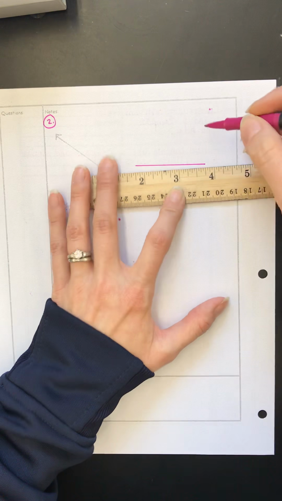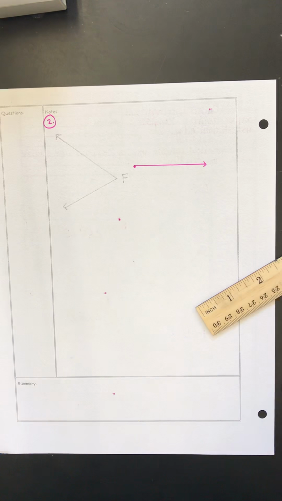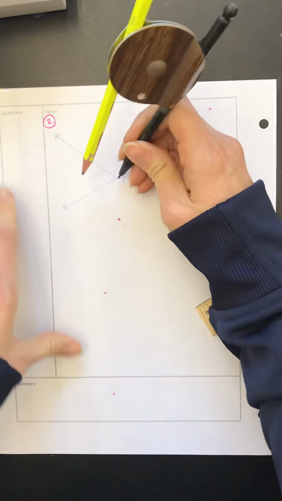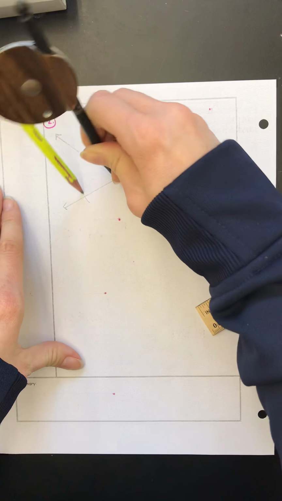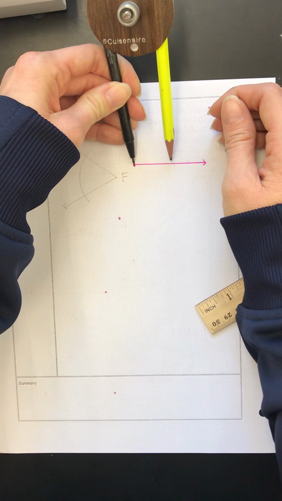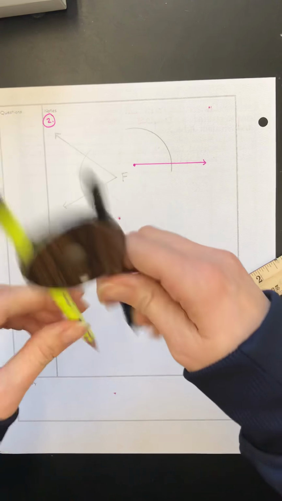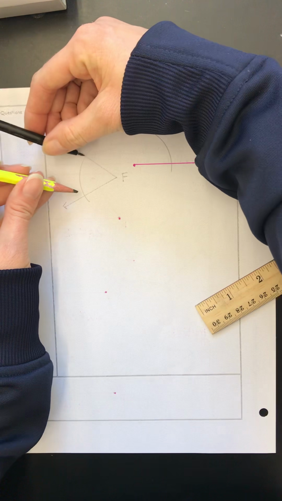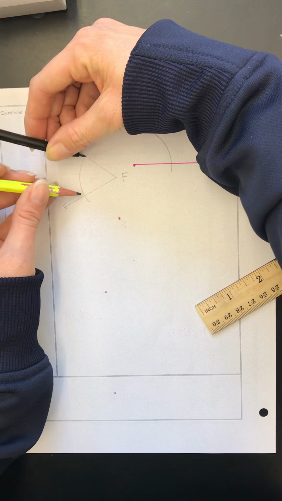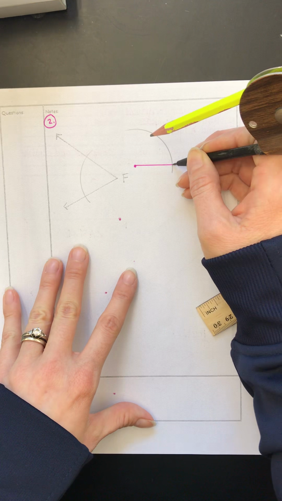Starter line, end point. Create my arc, keep that measurement on there. Create the arc on my starter line. Then I'm going to measure from one side to the other. And I'm going to mark it.